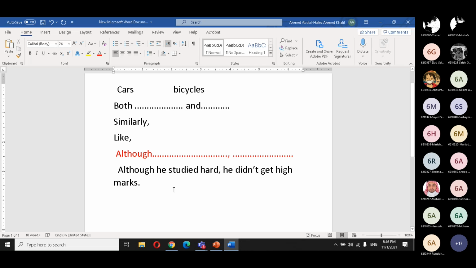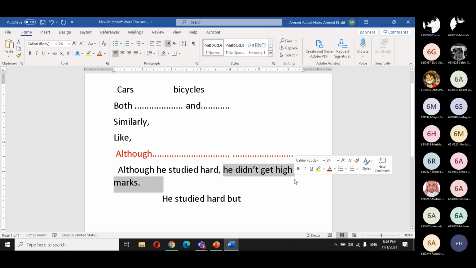What can I use instead of although? I can use but. So pay attention to the form of the sentence. So I can say he studied hard but he didn't get high marks. So we can make the sentence like this.